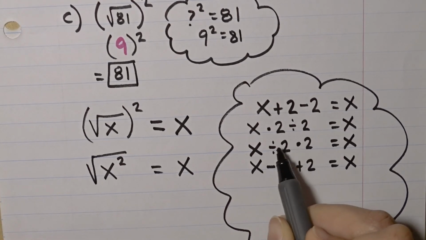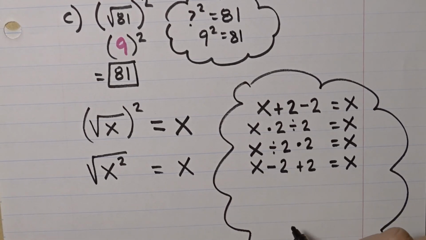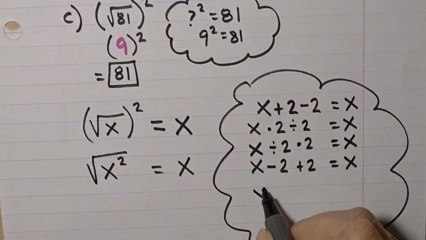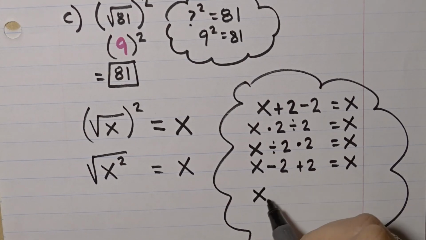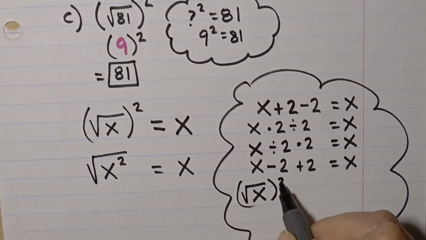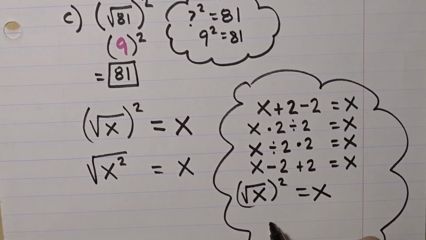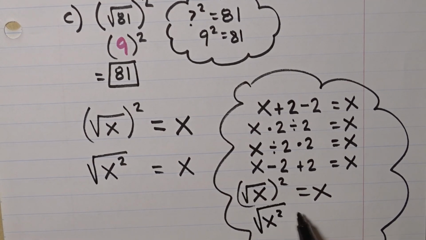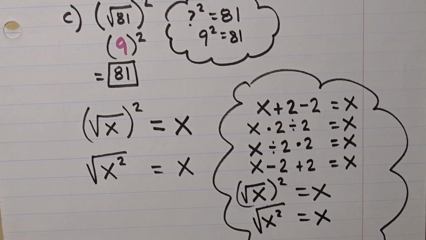When you multiply and then you divide, those are inverse operations. So what I'm now showing you is a new set of inverse operations. The inverse operation of a square root is taking it to the second power. The inverse operation of a second power is taking the square root, and you get x back.